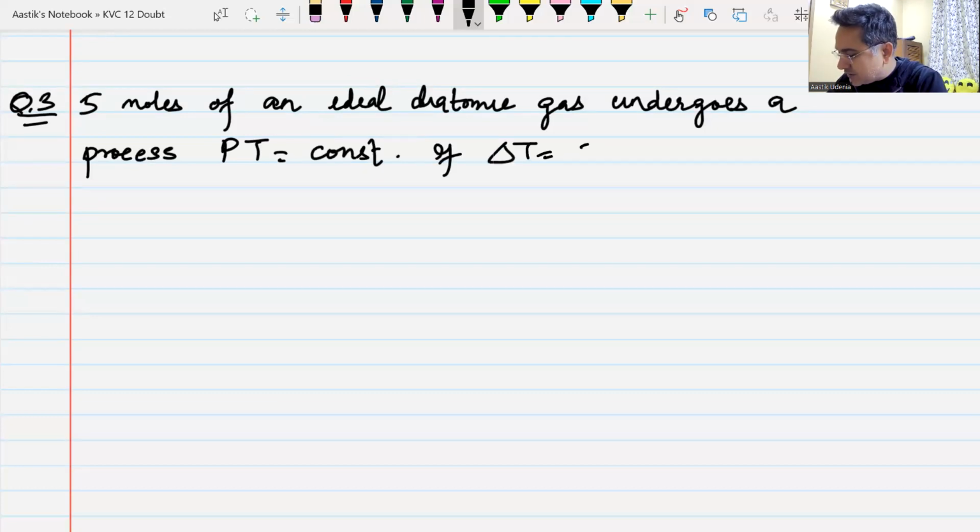If the change in temperature is, let us say, 20 degrees Celsius, you have to find the value of all the 4 quantities: delta Q, delta U, delta W, and the value of C, the molar specific heat for this process. And you have 2 minutes to show your talents.